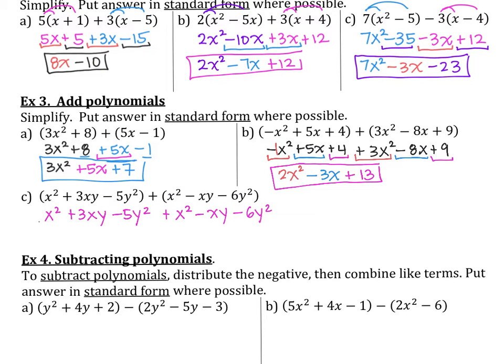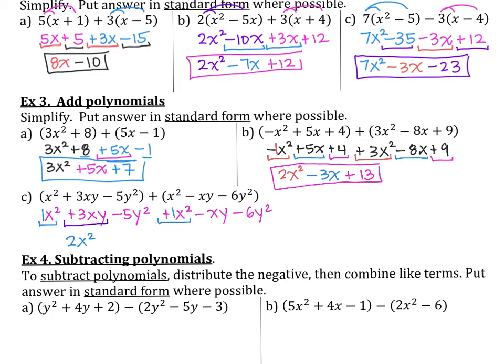Okay, so I see this is an x squared. Are there any other x squareds? Yes, right here. So this is 1x squared plus 1x squared, which is 2x squared. Okay, now I have this weird 3xy thing. For it to have a like term, it also has to have an xy.